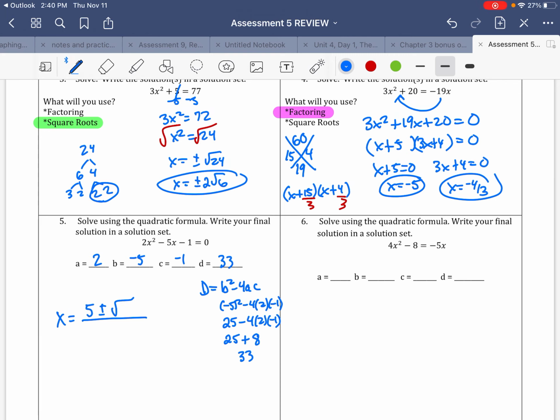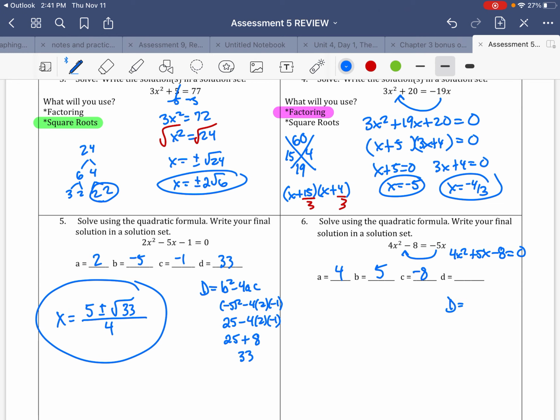All right, over here, I have to move that negative 5x in the middle there. So this becomes 4x squared plus 5x minus 8 equals 0. So now I'm ready to say 4 is my A, 5 is my B, and C is negative 8. So let's figure out the discriminant. B squared, so 5 squared is 25, minus 4 times A is 4, and C is negative 8.